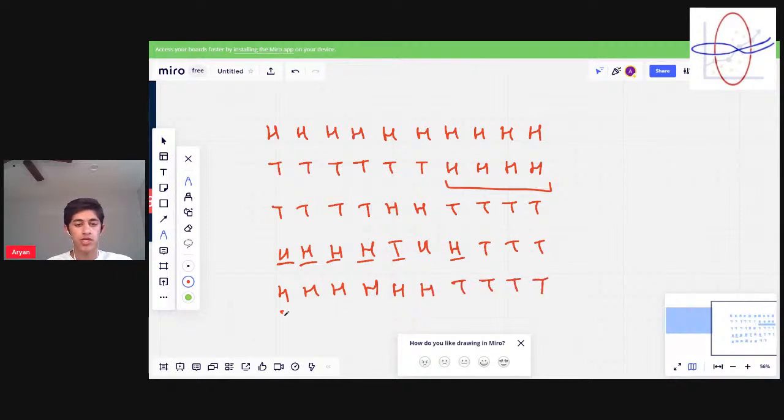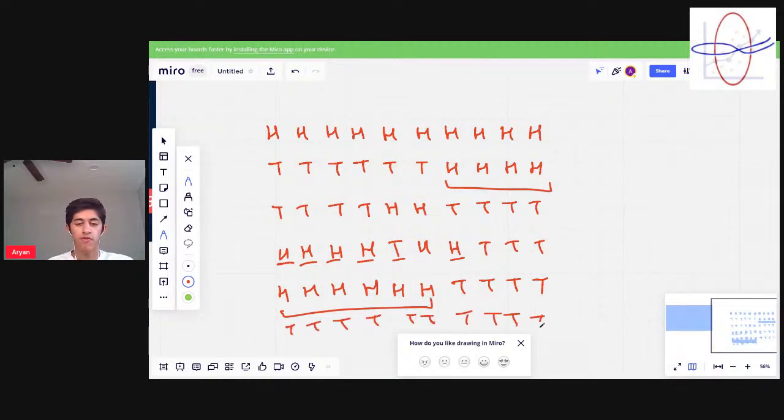And now we can change these 6 to become all tails. So, okay, how many moves is this? This is 1, 2, 3, 4, 5. 5 moves. You might think this is ideal, but 5 moves is still a lot, right? If we experiment a little more, you'd see that you could actually do it faster.